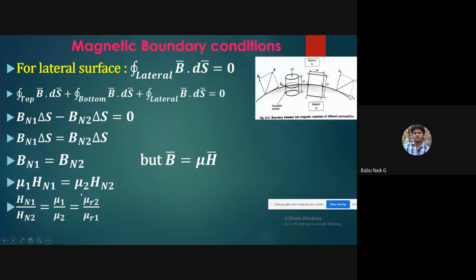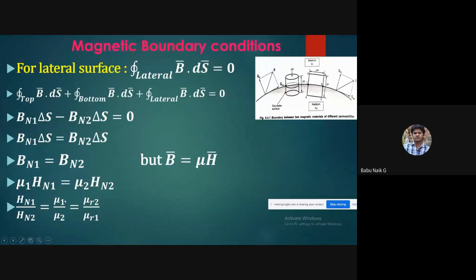So this is the concept of the boundary condition, where you can calculate the normal component of the magnetic field as well as the magnetic flux density. I think here it is mu2 by mu1, it is not mu1 by mu2. You can see the change in some equations having mu2 by mu1.